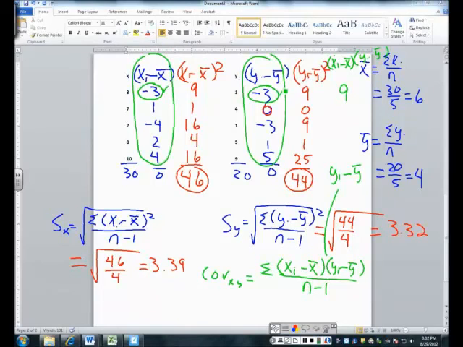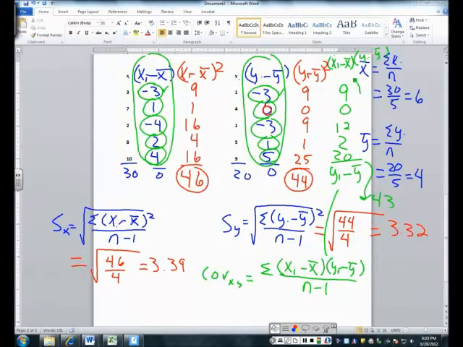So in the next column, I'm going to have 1 times 0 or 0. The next one, minus 4 times minus 3 is 12. The next one, 2 times 1 is 2. And the last one, 4 times 5 is 20. And the sum of all those is 43.